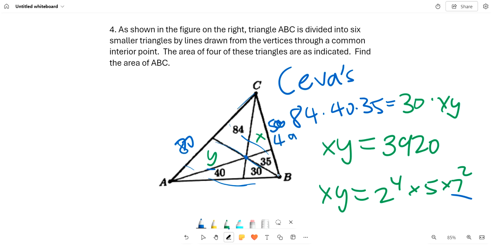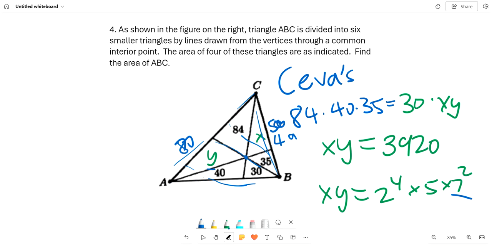Then that means that these two triangles wouldn't be proportionate, because the area of this to this is 20 to 21, but the area of this to this is not 20 to 21.